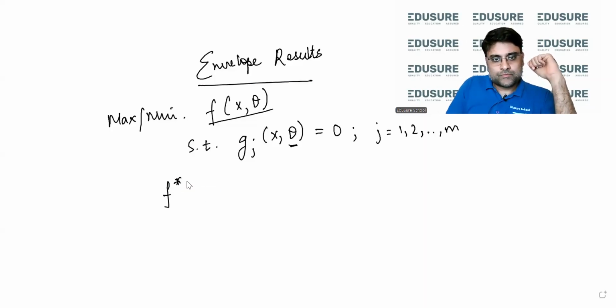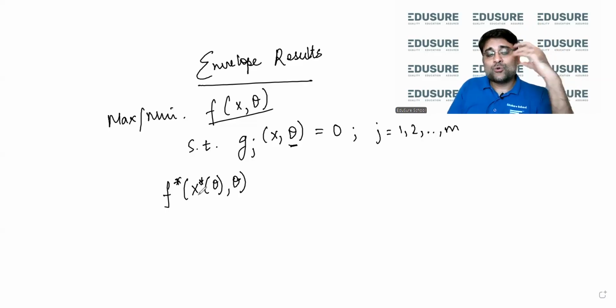So this x star is also a function of the parameter theta. How will this f star change due to changes in theta? So we aim to take a look at that.